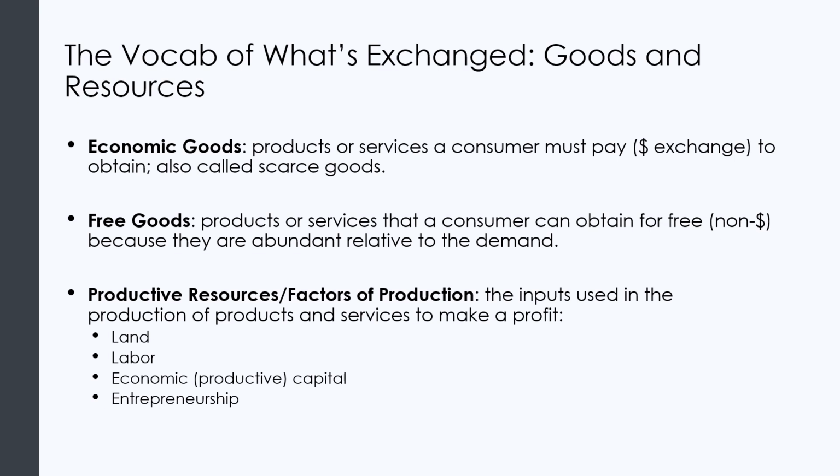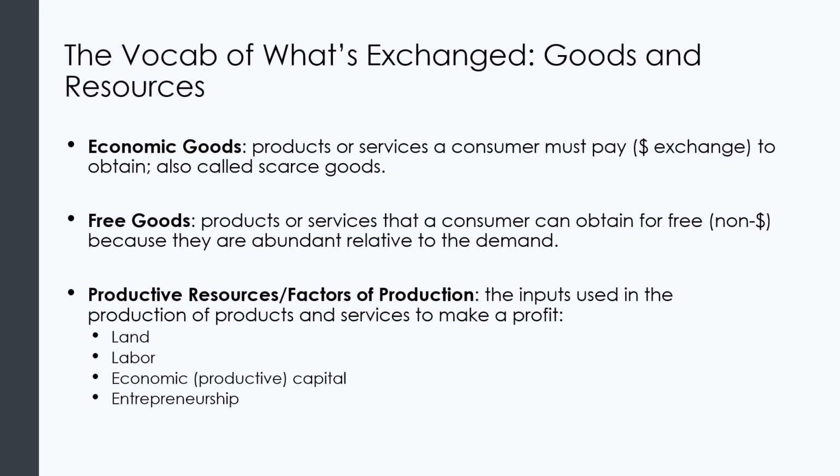So let's talk first about the idea of goods. We talk about goods as all of or any of our products and services. And we break those goods down into two categories, right? Economic goods are things that we pay for, right?